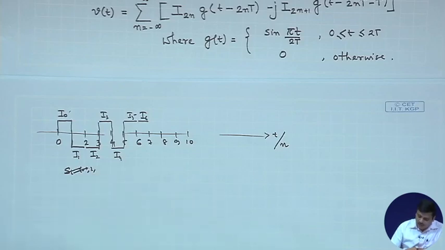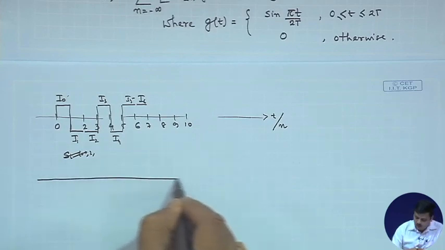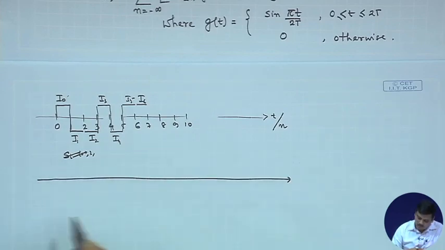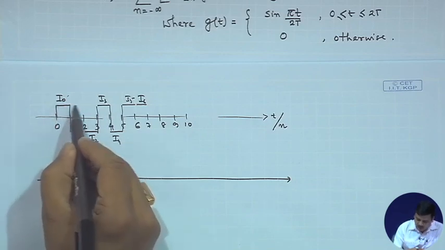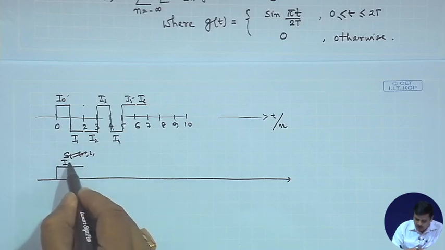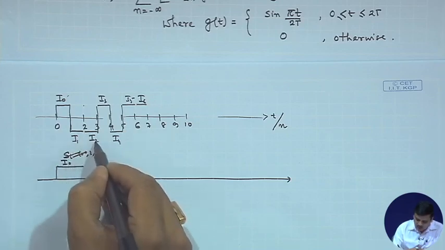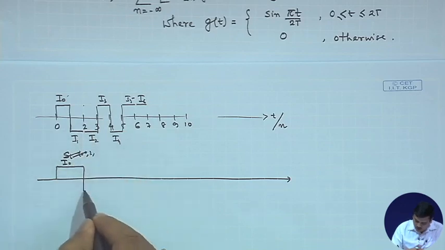The other thing that we could think of doing is to break it into two streams. In one stream I would put the evens and I would stretch it to double the duration. So, this is I_0, and then at n equals 2 I am going to get I_2, and I would stretch it for double the duration.